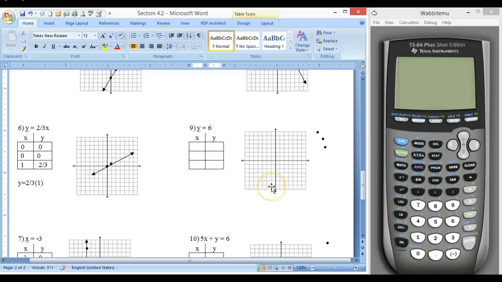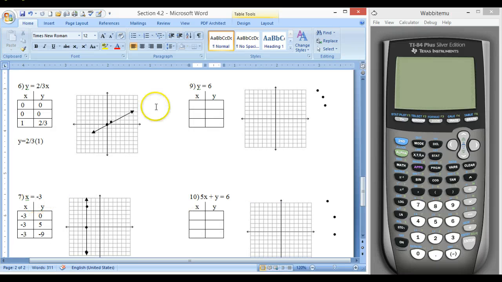Y equals 6. This is very similar to number 7, except in this case, it's y being 6. So no matter what I pick for the x, whether it be 10, negative 10, or even 0, the answer will always be 6. And there we go.